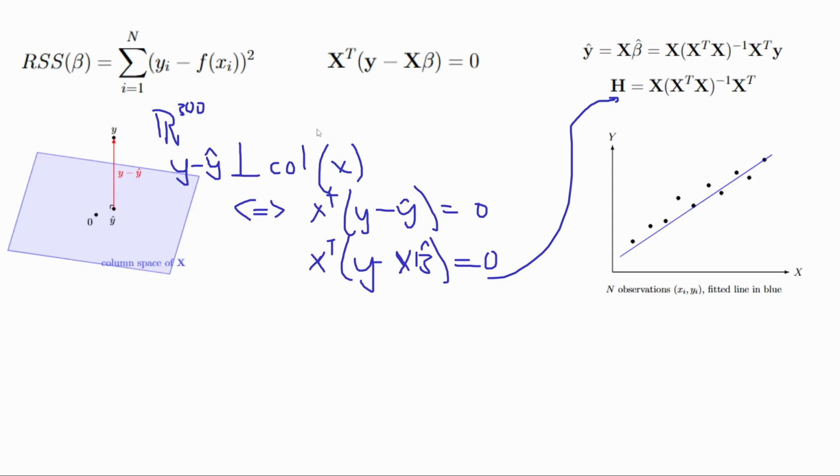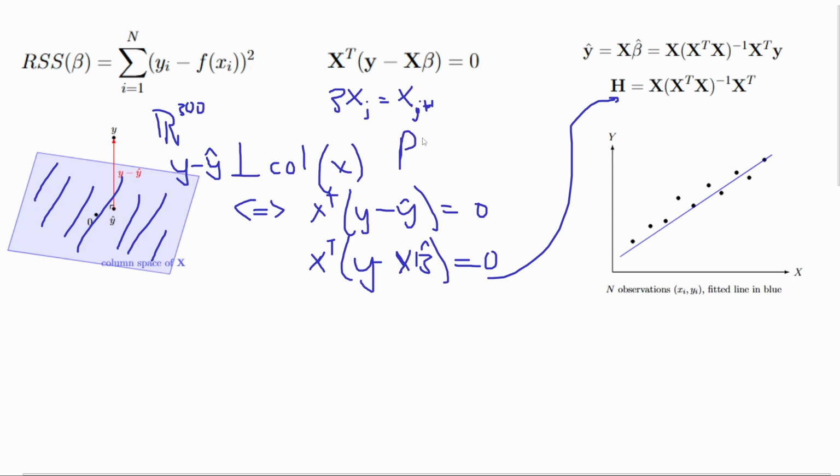Lastly, what if two columns are collinear, meaning one feature is a linear combination of the other? For example, if 3x_j is equal to x_{j+1}, then there's no extra information contained in x_j because that's already contained in x_{j+1}. What that means geometrically is that this column space is not full rank, right? If p equals 2, because there is the intercept, there are 3 dimensions here.